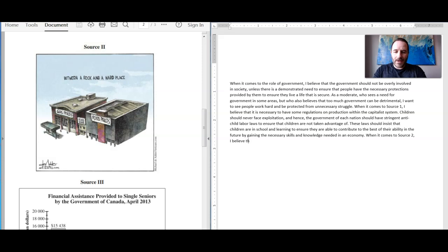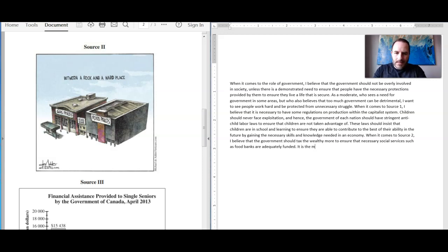I believe that the government should tax the wealthy more to ensure that necessary social services such as food banks are adequately funded.